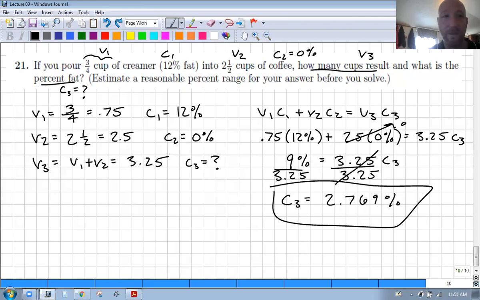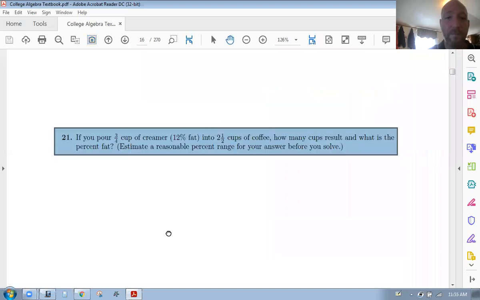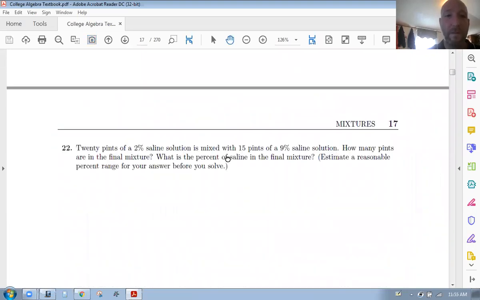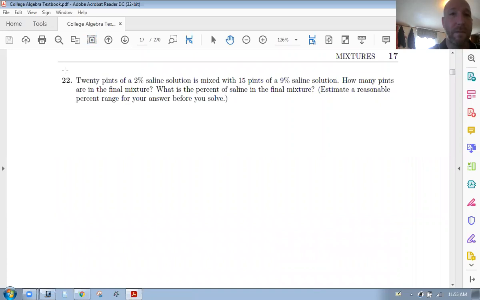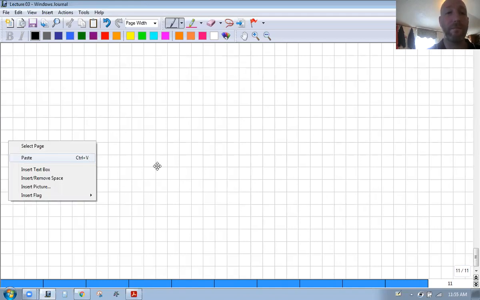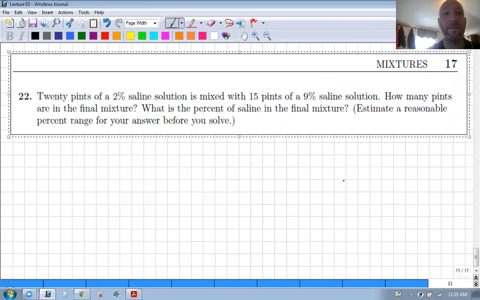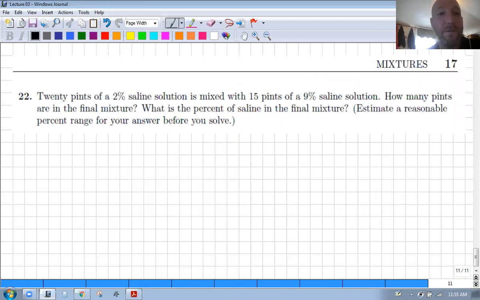All right, that's 21. So we've got 22 here. We have 20 pints of a 2% saline solution.